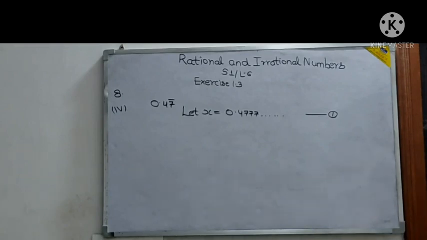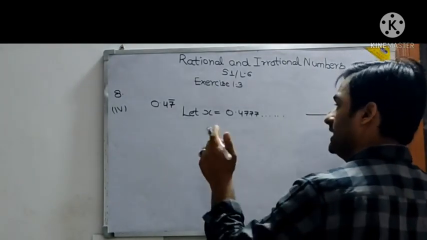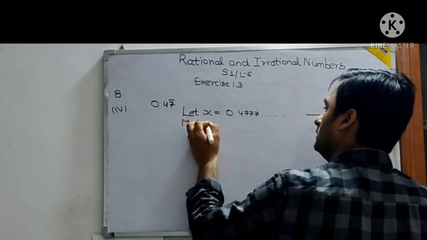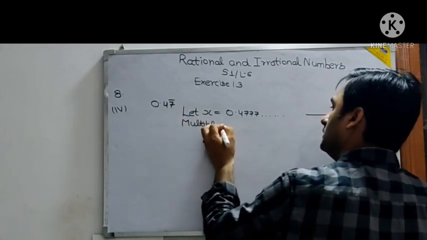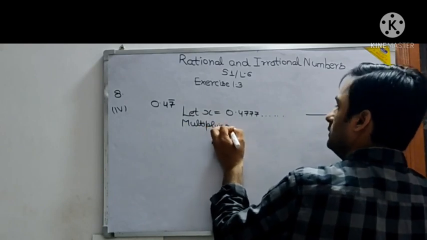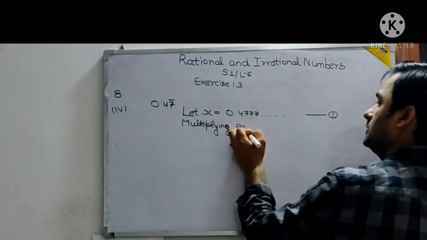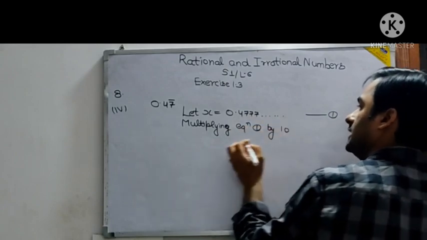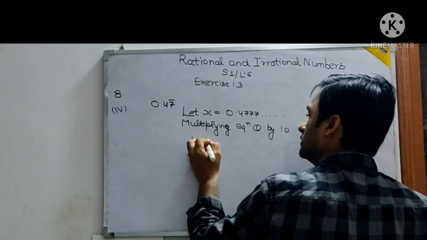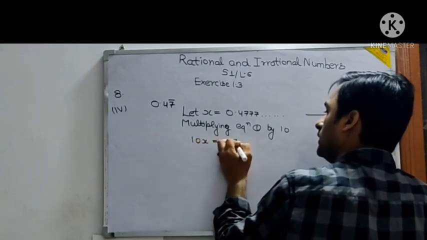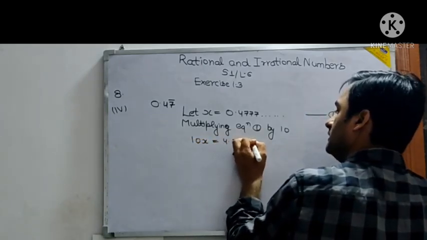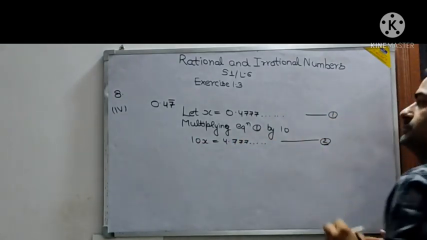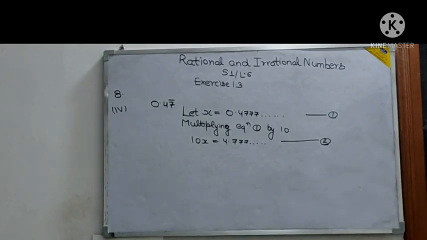Since only 7 is the repeating digit, first we multiply equation 1 with 10. So multiplying equation 1 by 10, what we get? 10x equal to 4.777 and dot dot dot. This is equation number 2. Yes or no?